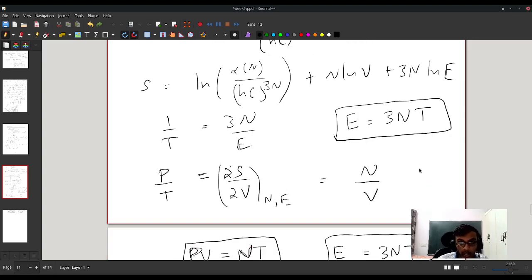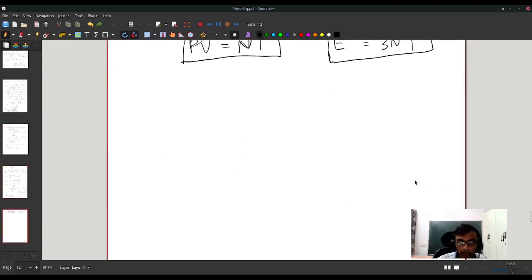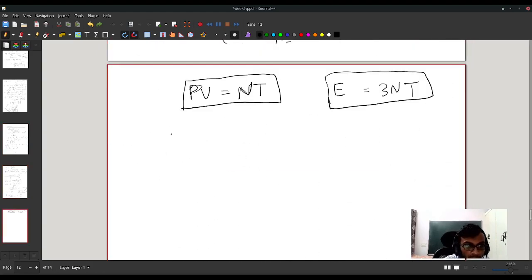These describe the thermodynamics of this gas, and what we need is the ratio of heat capacities. So CV is going to be simply ∂E/∂T at constant volume.